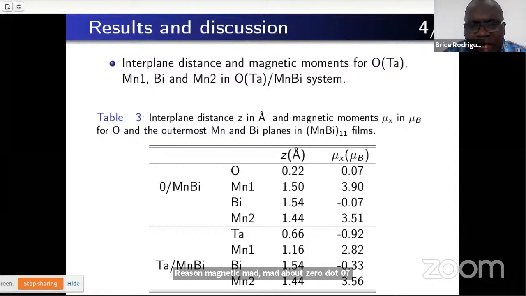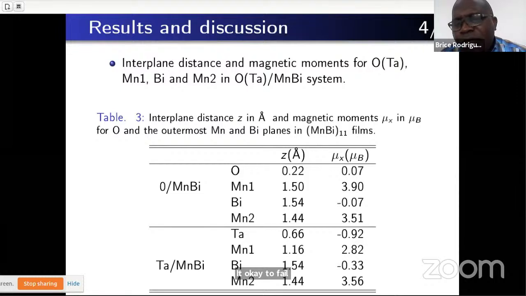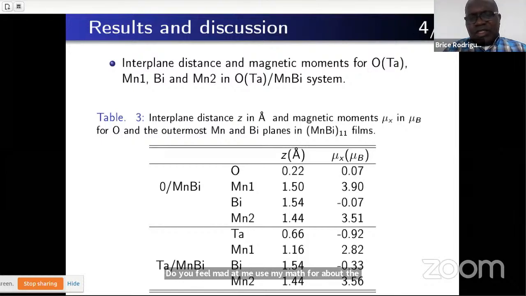In the case of tantalum, we have an antiferromagnetic induced moment of about 0.92.